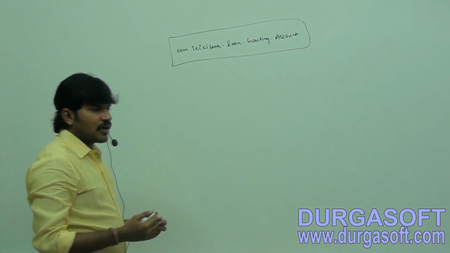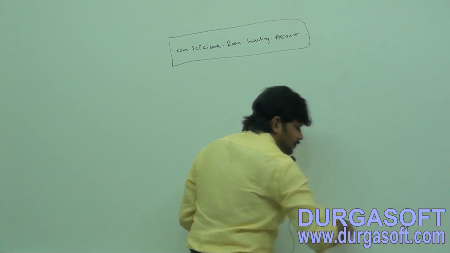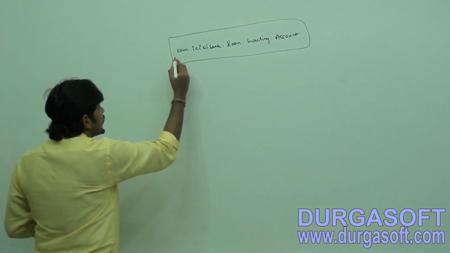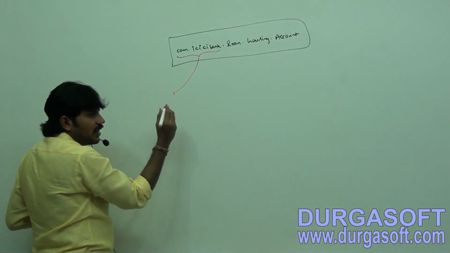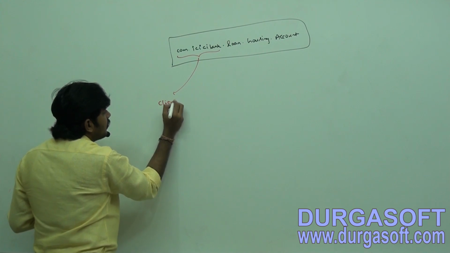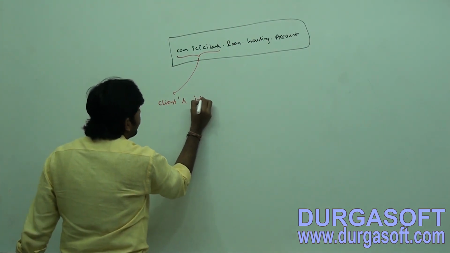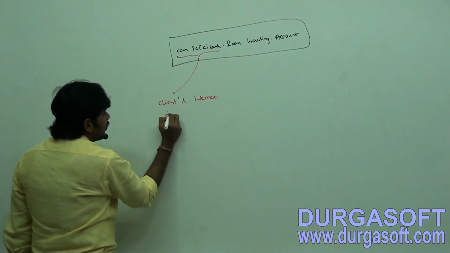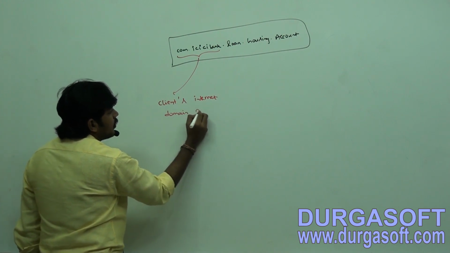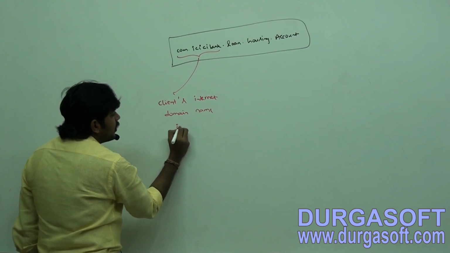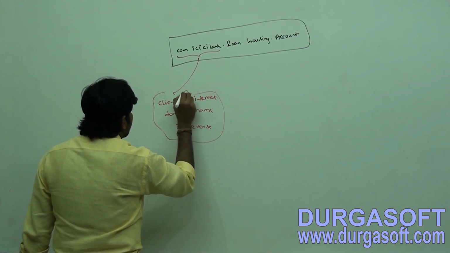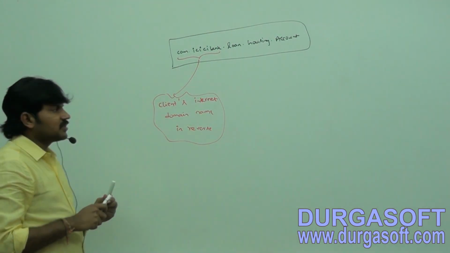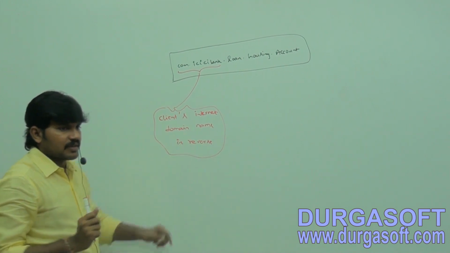Now observe, com.ICICIBank: do you know what this is? The client's internet domain name in reverse. Correct or not? The client's internet domain name in reverse is nothing but com.ICICIBank.